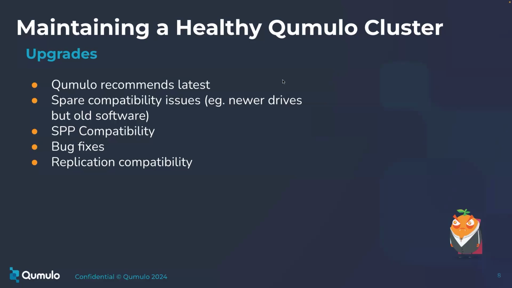That said, why upgrade? One, spare compatibility. Let's say you install today, and I'm not sure what release de jour we have right now, but let's say it's 7.7 just for ease of use. You install with 7.7 today, you get whatever drives were available as of today that have been approved by the hardware gods to say that those work in that system.